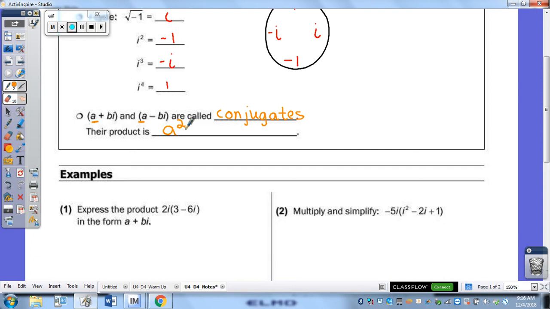So a times a would give us a squared. And then you multiply the second parts together. So that would get us minus (bi) squared. And I put parentheses around it because you have to square the b and you square the i. So that's the whole reason we multiply by conjugates, is because you want to get rid of that middle term.